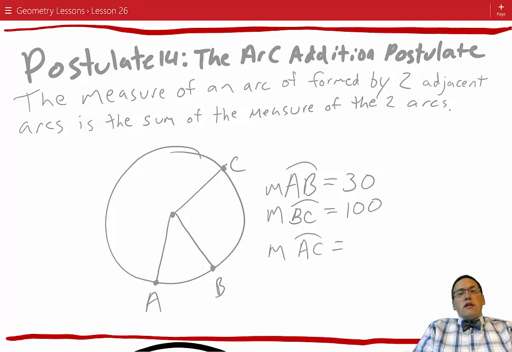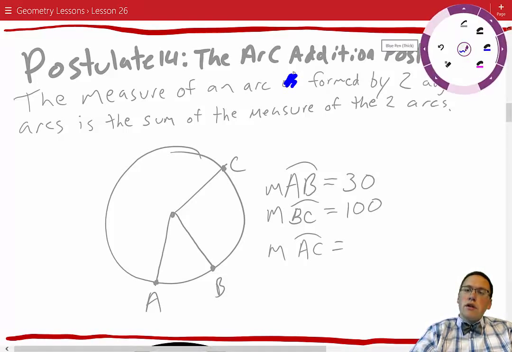Postulate 14 is the arc addition postulate, which says the measure of an arc formed by two adjacent arcs is the sum of the measures of the two arcs.